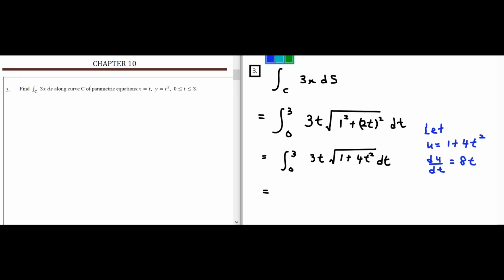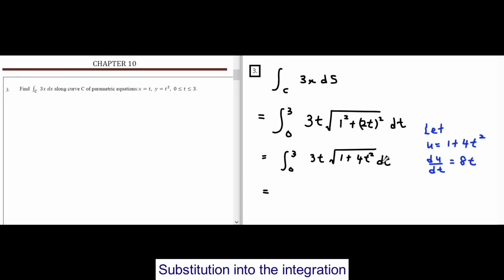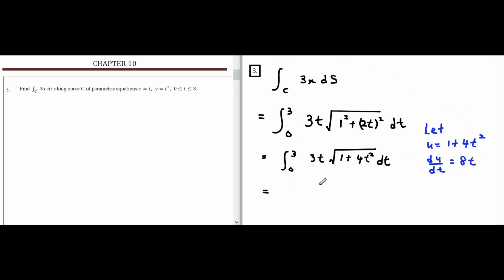So substitution into the integration. dt converts to du.